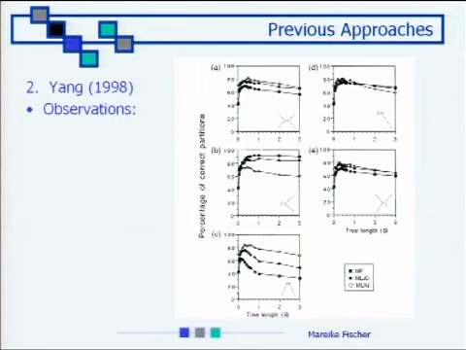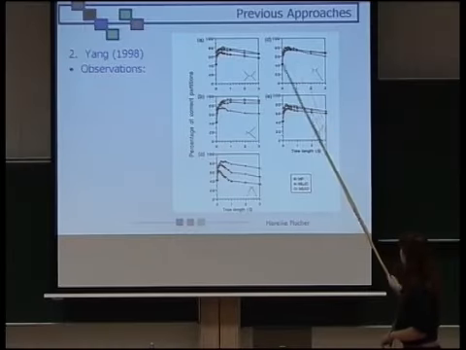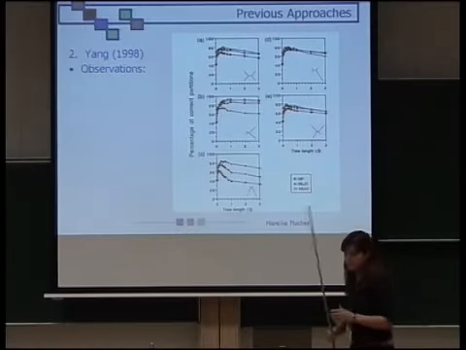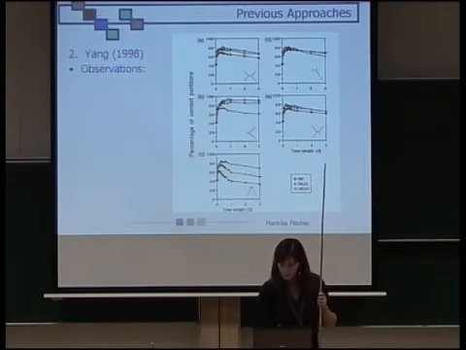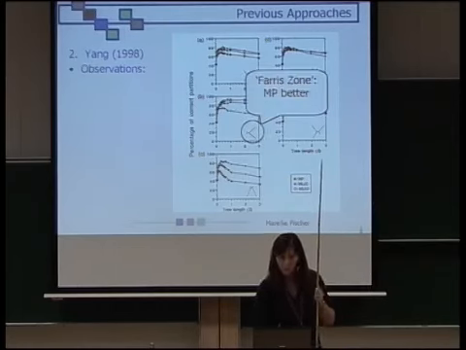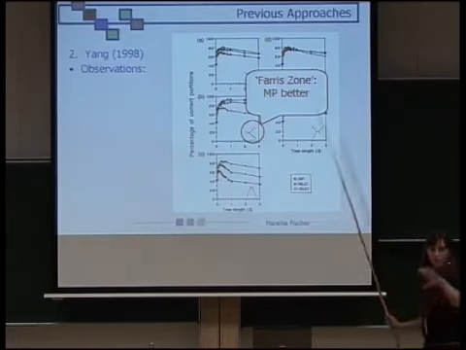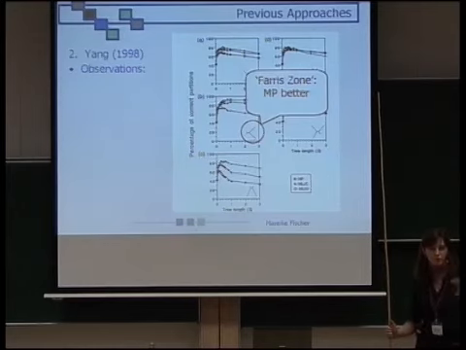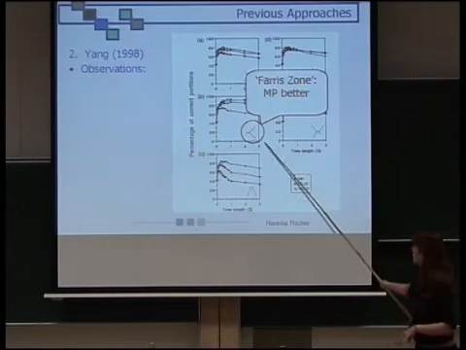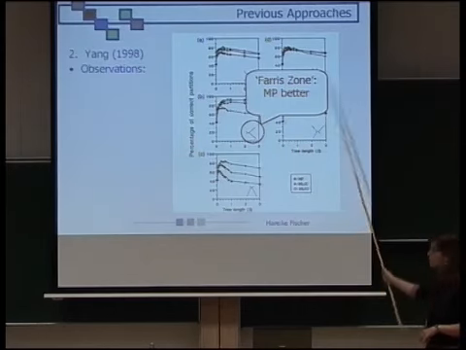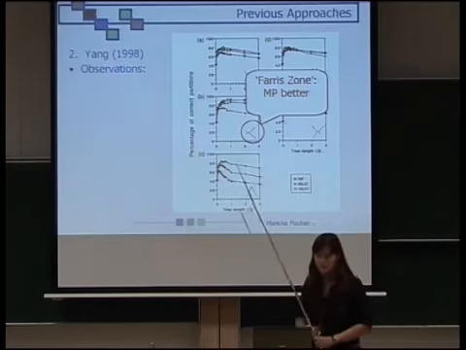Anyways, what he found was that for most trees, the differences between the methods were not so big. But as you would expect in the so-called Farris zone, where you have 2 short pendant branches on one side of the tree and 2 long pendant branches on the other side, maximum parsimony outperforms maximum likelihood.